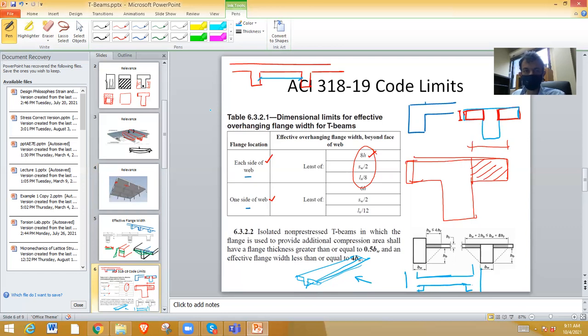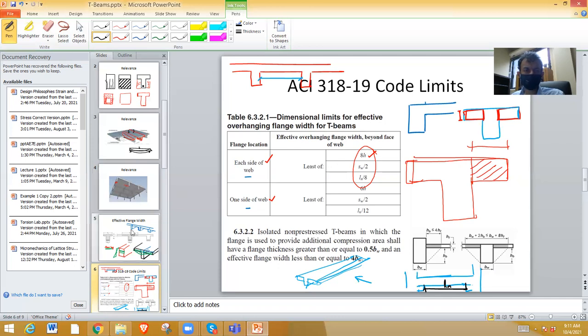So your clear span is from here to here. So that is ln. So ln over 8. You need to take the least of all these to get the effective flange width.